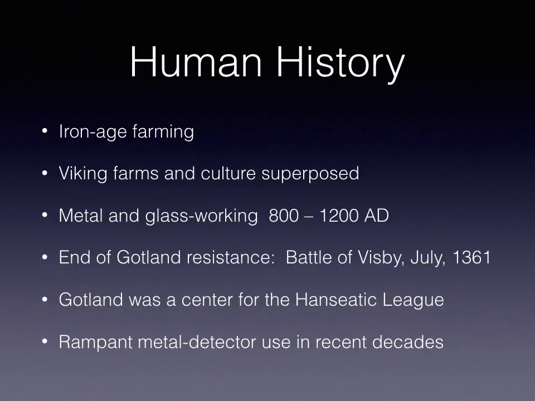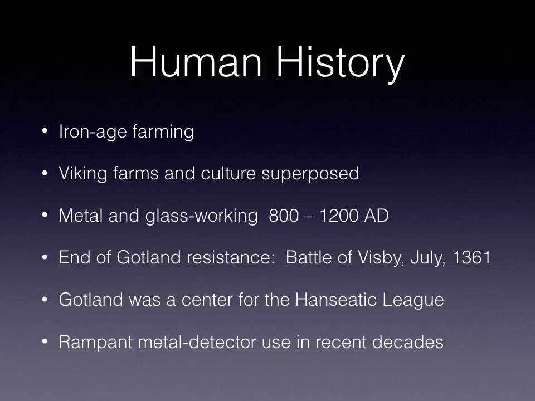So I've talked a little bit about the human history. This is in a time period we call the Iron Age. If you think about the time, the Viking Age begins, by the way, around 800 AD. Around 800 AD, you have Vikings that attack Europe, and that's when we say the Viking Age begins.